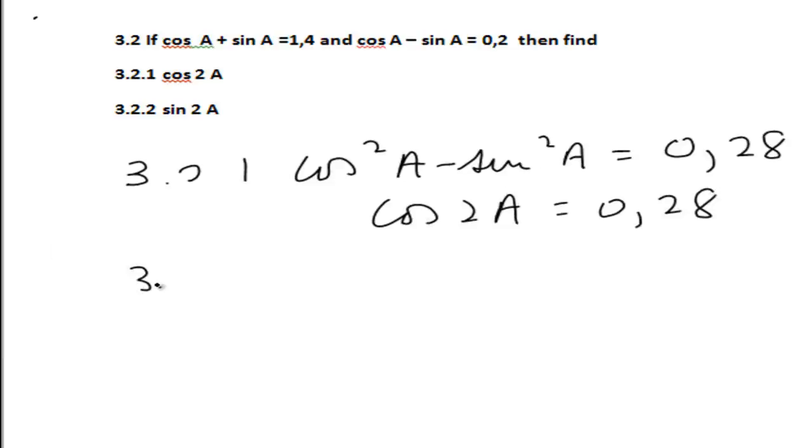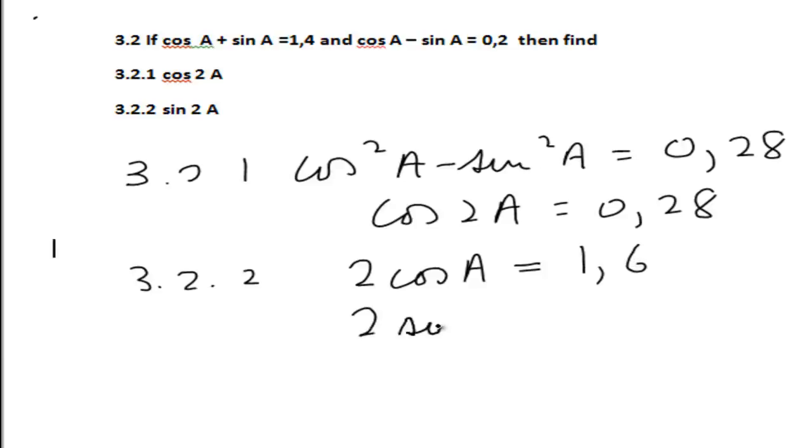Then the next problem is sine 2a. Now there are two ways of doing it. You can add them, and if you add the two, you will get 2 cos a is equal to 1,6, and if you subtract the two, then you will get 2 sine a is equal to 1,2.